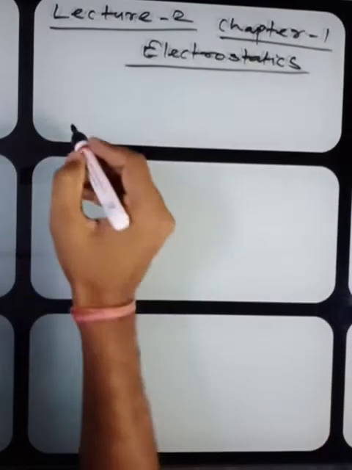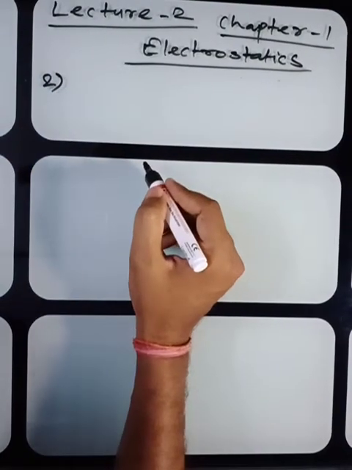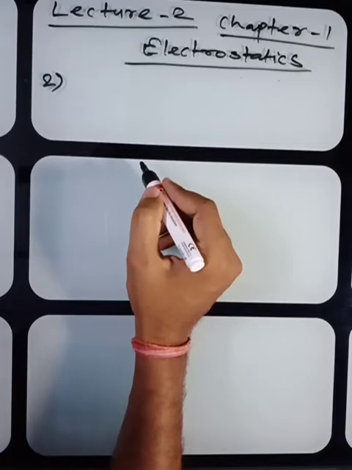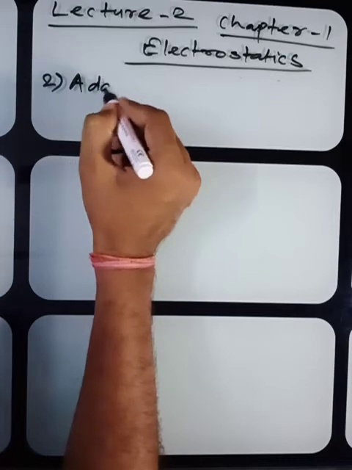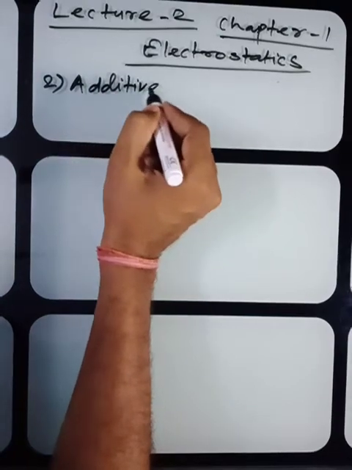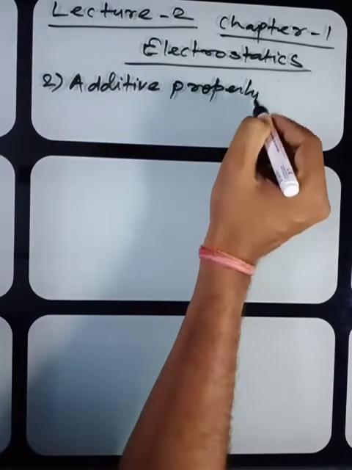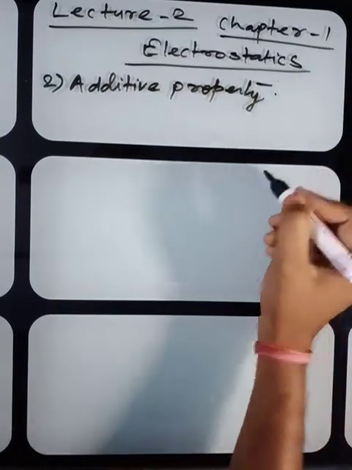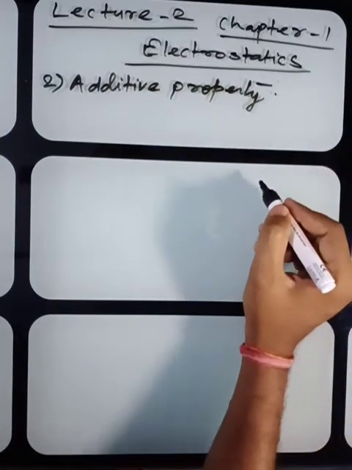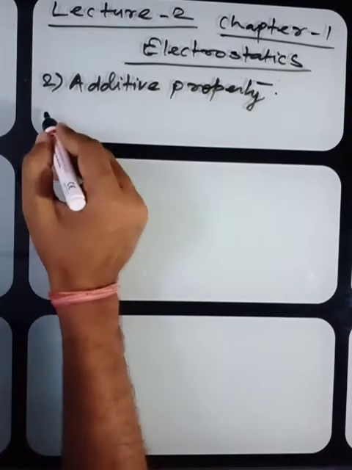Now the second property of charge, students, it has additive property, that is the charge is additive in nature. Charge can be added to any body algebraically because charge is a scalar quantity.